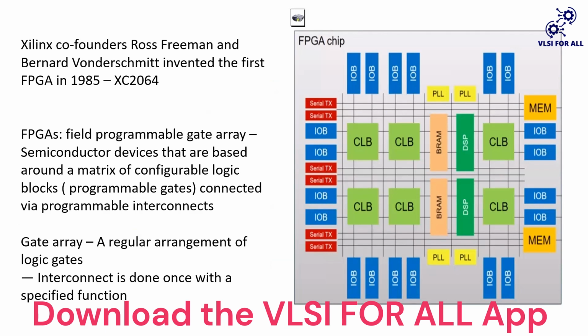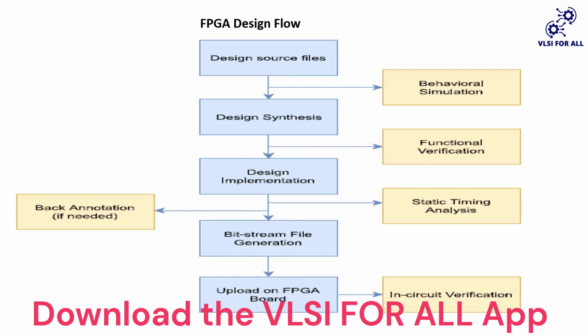Then we move to place and route, where we basically check the area and power estimation of the circuit we use, and whether it is feasible for our chip and design. In placement, as the name suggests, we place all the IOBs and CLBs in the circuit. In placement and routing, we check the area estimation and power estimation, and complete it like that.